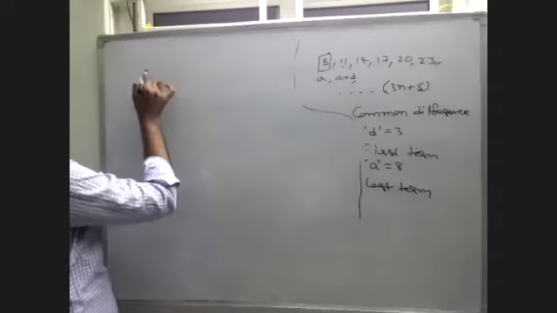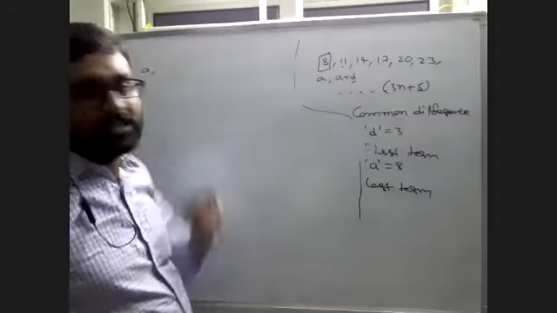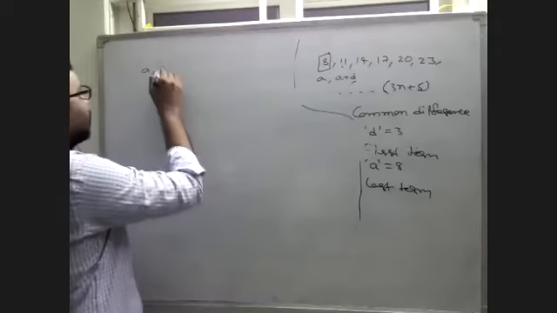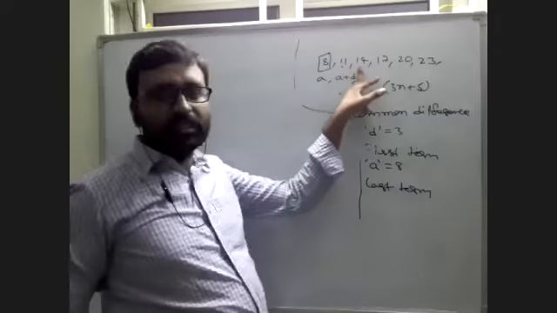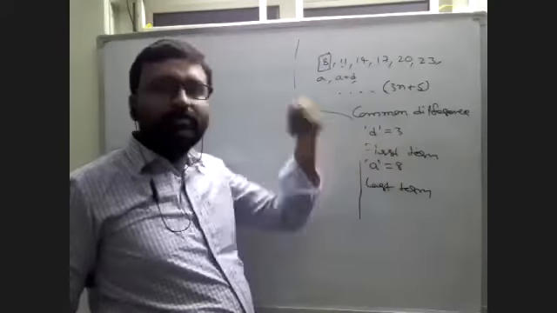The first term I am taking as A, comma. This 11 I am writing as A plus D. Why? Because A is 8, D is 3, then 8 plus 3 is 11. Now this one is 14. A plus D is 11, and more 3 we require.